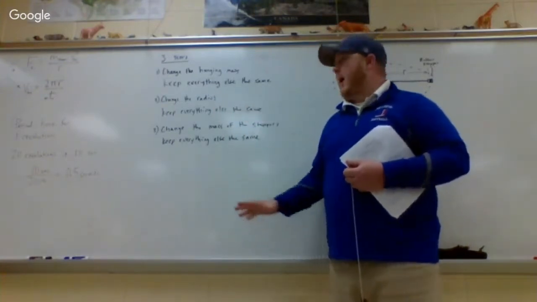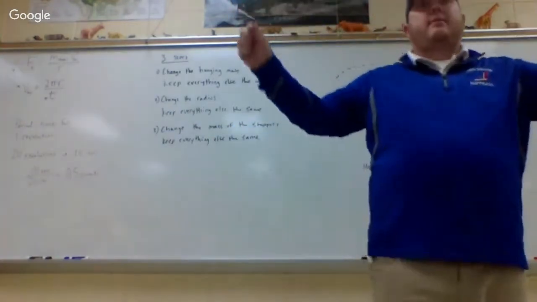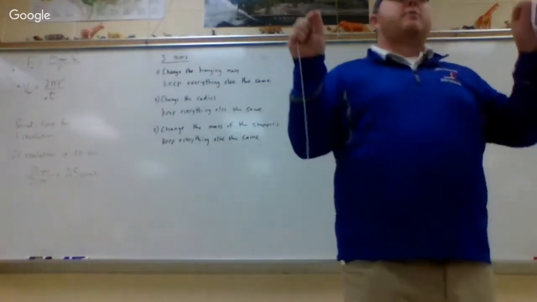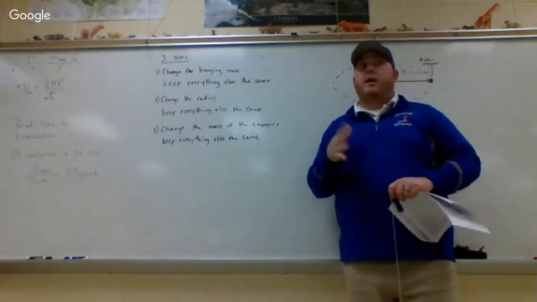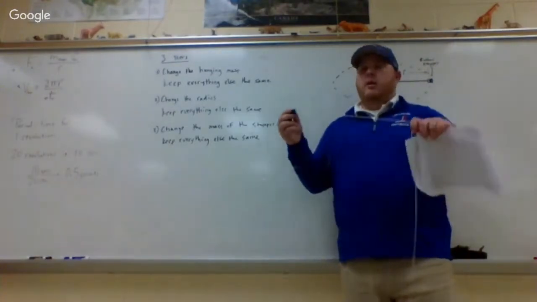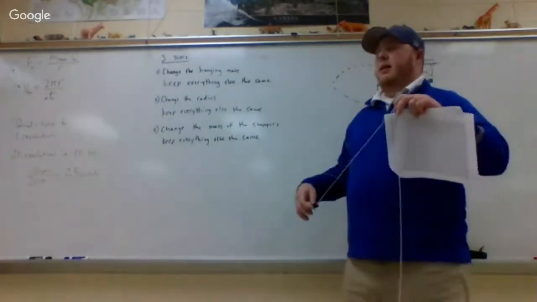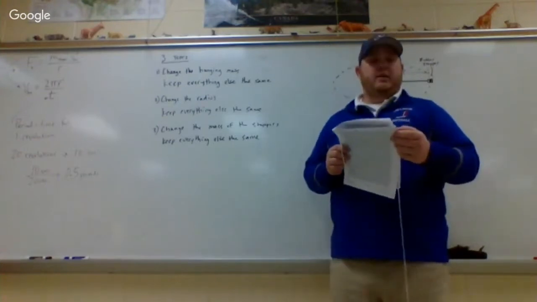So when you change the mass of the stoppers, you keep the radius the same. When we do a test, you only change one variable, otherwise the test is not valid. So make sure that you're keeping everything constant other than the one thing that you're changing.